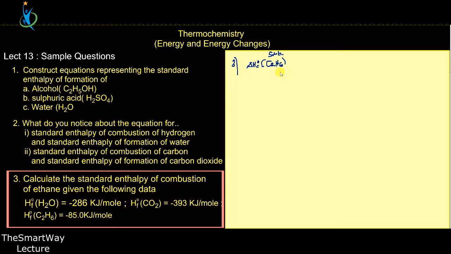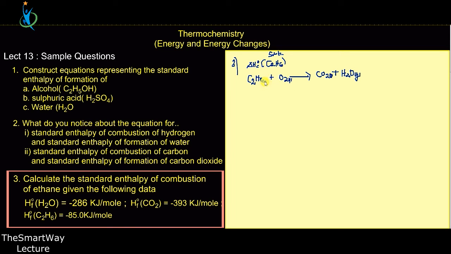To write the equation for the combustion of ethane, you burn 1 mole of ethane in excess oxygen, and then all the carbon will go to carbon dioxide, and all the hydrogen will go to water, and that will be a gas. And here will also be a gas.